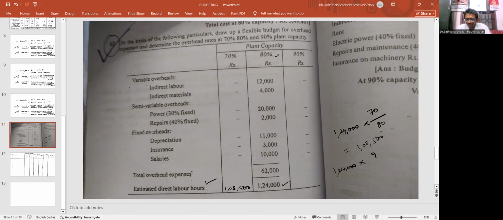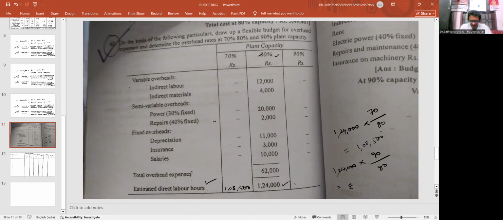For 90% we have to calculate 90 in the numerator divided by the capacity you have taken as a base, this one only, divided by 80. Okay. 1,24,000 into 90 divided by 80.